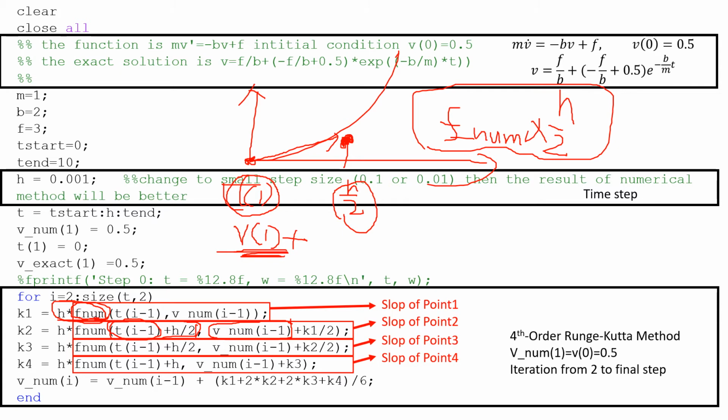So it will become plus K1 over 2. Okay, so we got this point. So we fit this point and also the time. We can get what is the slope in this point.